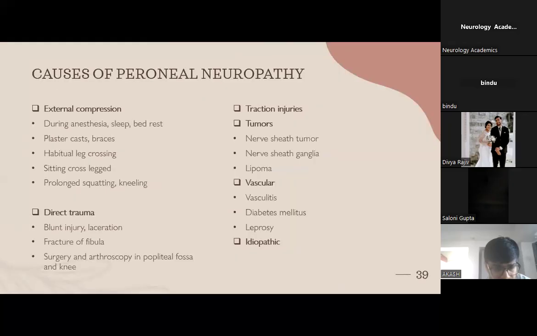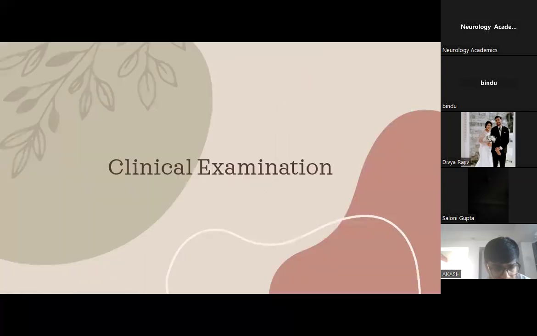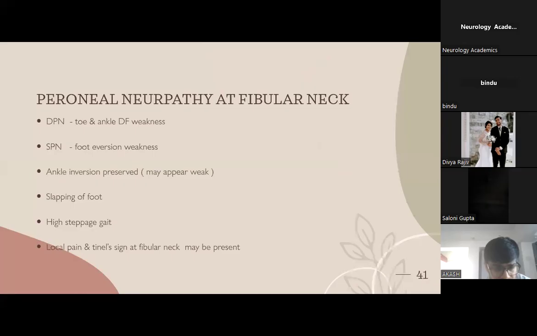Causes of peroneal neuropathy can be external compression, direct trauma, traction injuries, tumors, vascular causes, or idiopathic. Coming to clinical examination, deep peroneal nerve involvement results in toe and ankle dorsiflexion weakness.